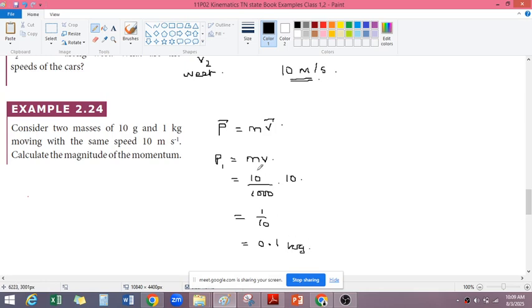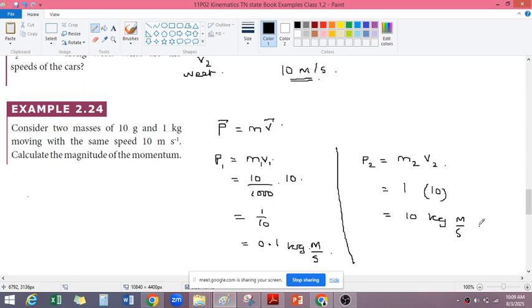Units will be kg for mass, velocity is meter per second. P2 is equal to m2 v2. m2 is 1 kg, v2 is again 10 meter per second. That means it will be 10 kg meter per second.